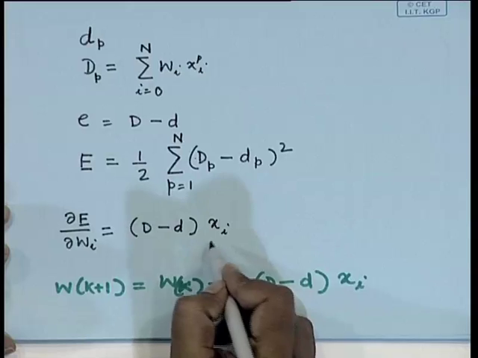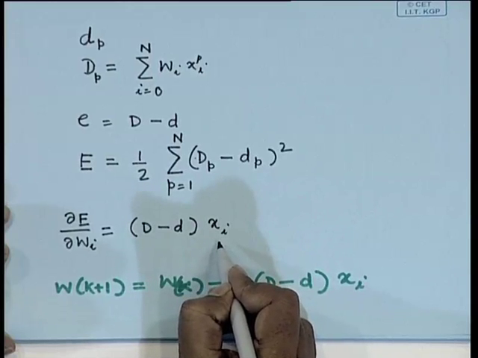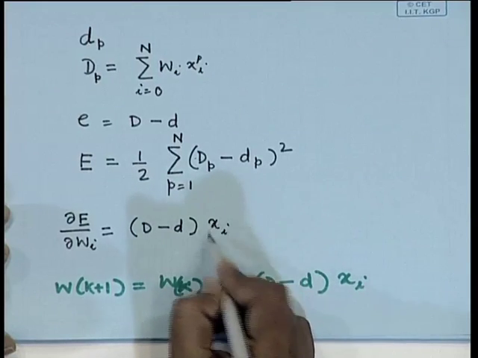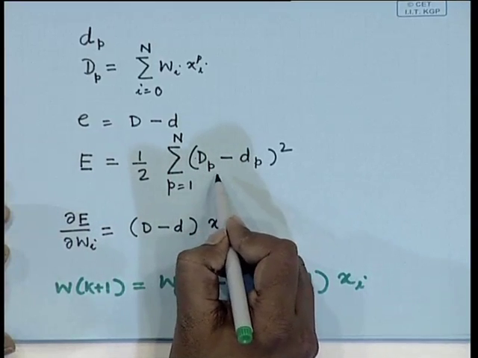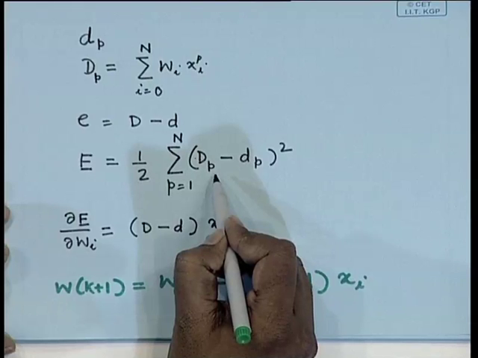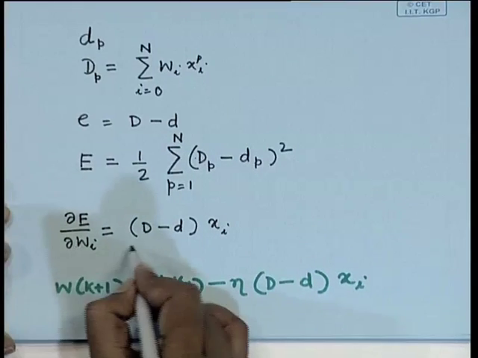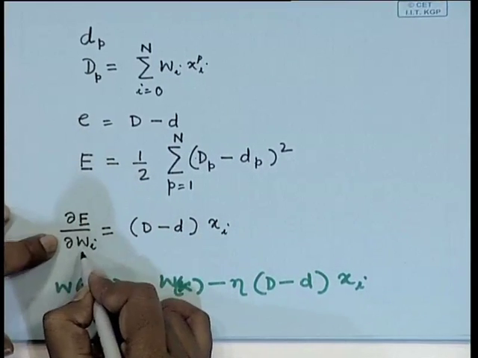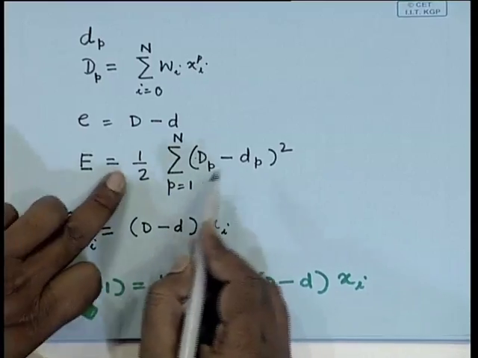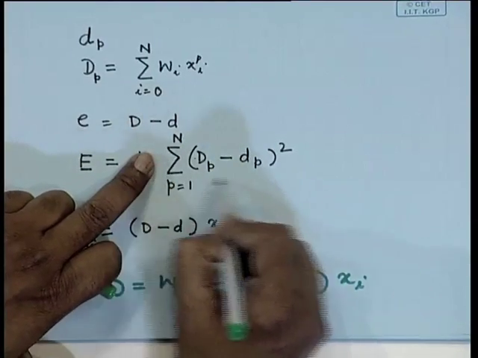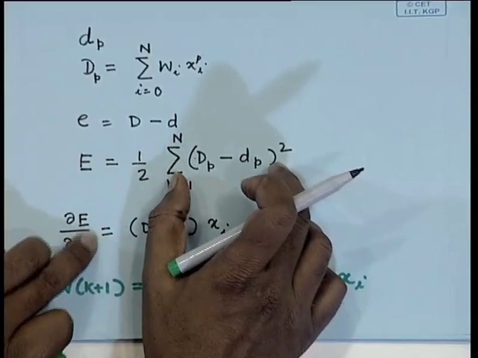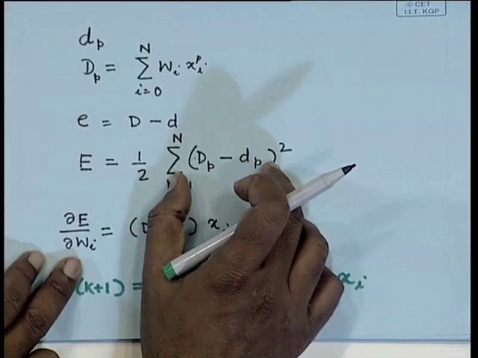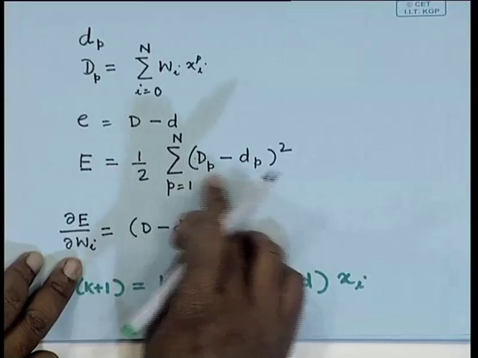So, I will be left with only x i. The contribution of this x i into this error term was w i into x i. So, what is this differentiation? Del E del w i is nothing but, if I expand this whole term, because this is a square, I will have 2 into this into del w i of d p minus d p.